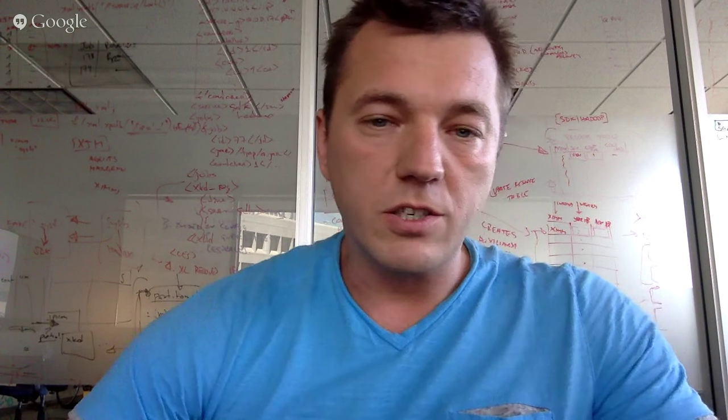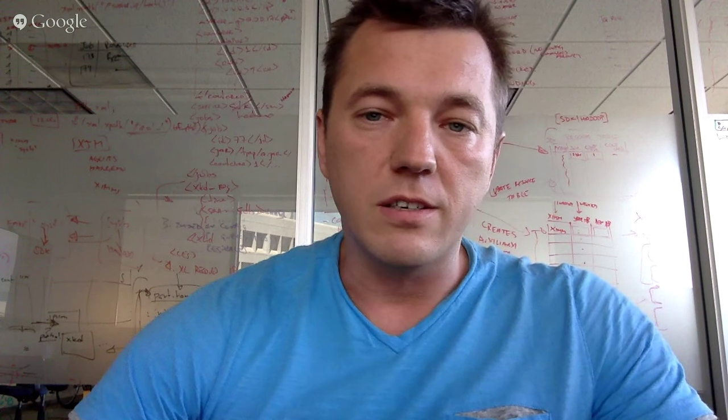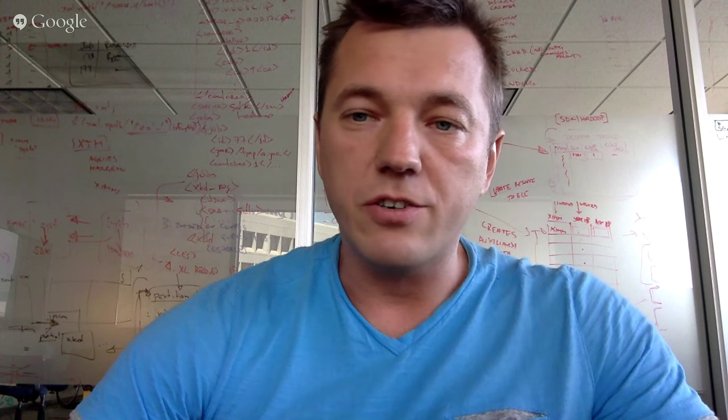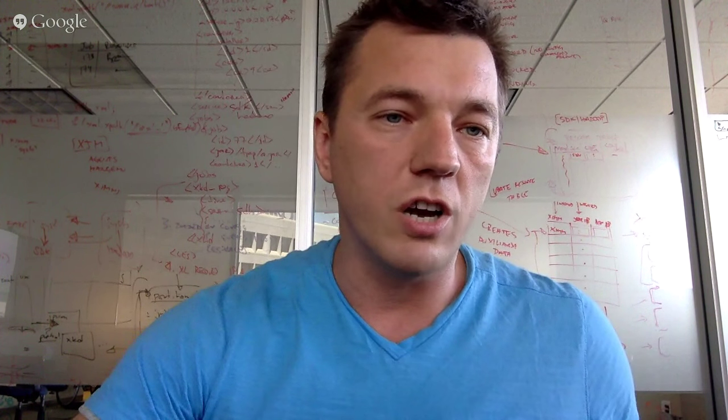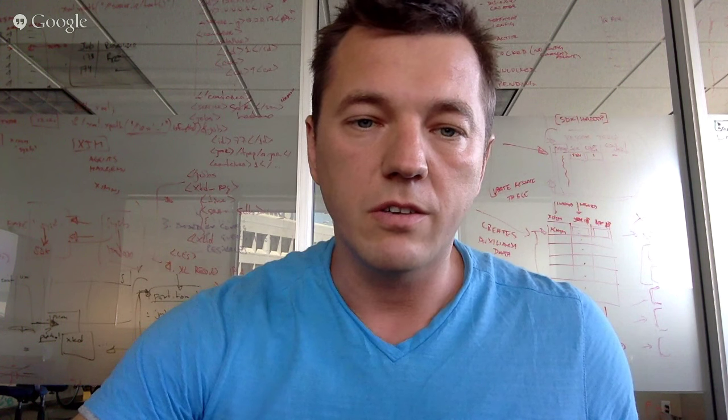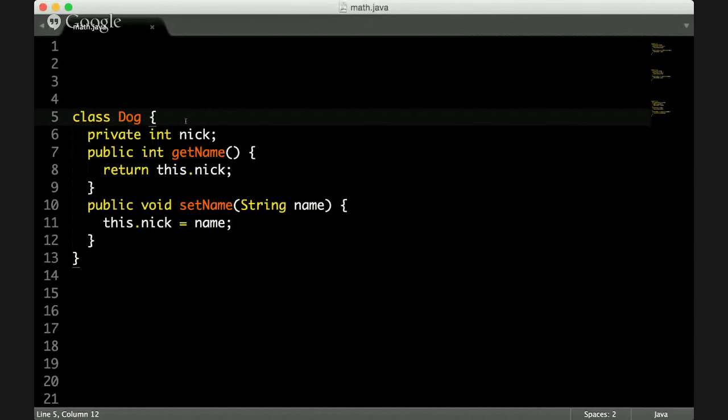But first of all, let's start with an example of what a getter and setter is and how they actually look in Java. Again, I'm going to use Java as a language. Here's my code, a class called Dog.